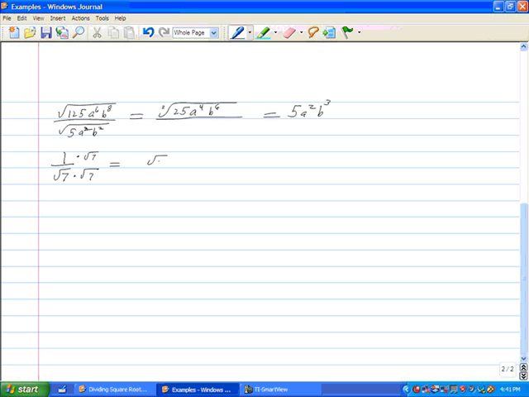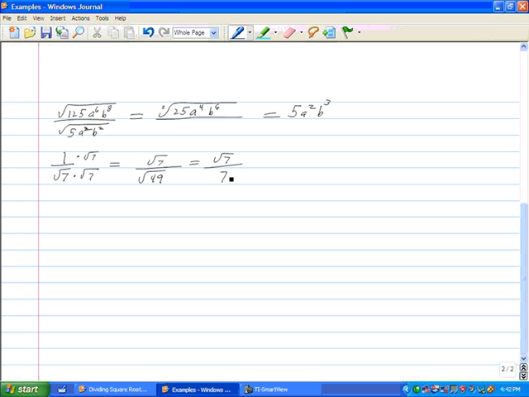Now on top, nothing really wonderful happens, but on the bottom, 7 times 7 becomes 49. So with a square root, you can multiply by the same value again and create a perfect square. So on top, the square root of 7 stays. On the bottom, the square root of 49 is 7. So your radical is now on top, which is okay.